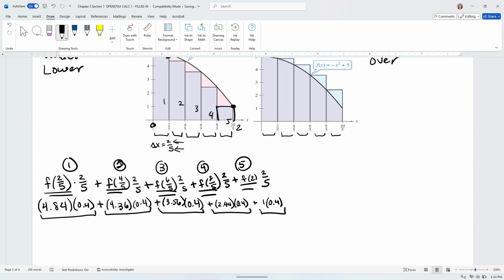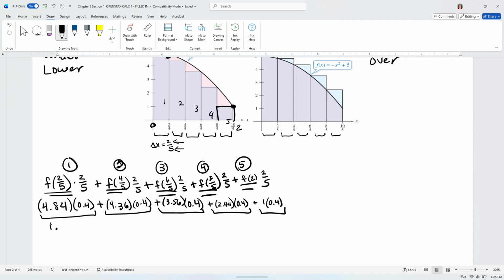Feel free to pause and do that as well. I'm just programming it in my calculator quick to help me with this piece as well.